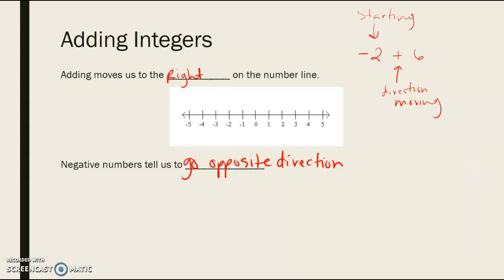And then this is how much we move. So here's negative 2, and then we're going to move 6. So 1, 2, 3, 4, 5, 6. So our answer is that this would equal 4. And that's how we can use a number line to help us.